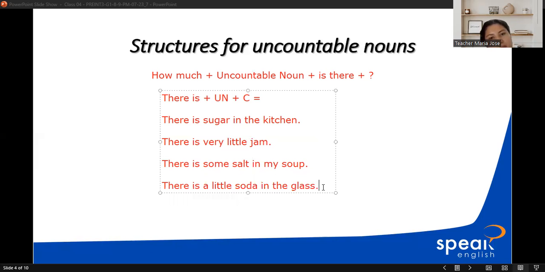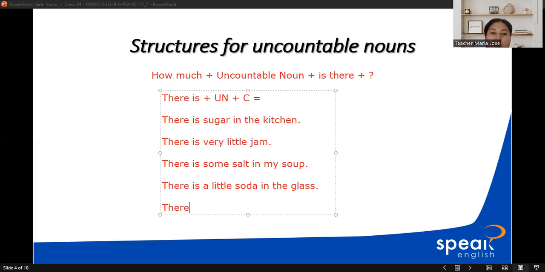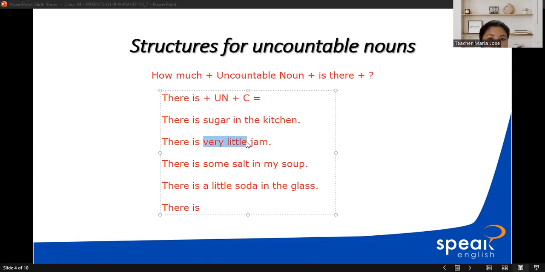Okay, let me see. All right. A different structure. Nicolás? Maybe there are very few cars in the parking. Okay, but we are working with uncountable nouns. Okay, there is, I don't know, very little rice. That's perfect, but I already have the structure for very little.